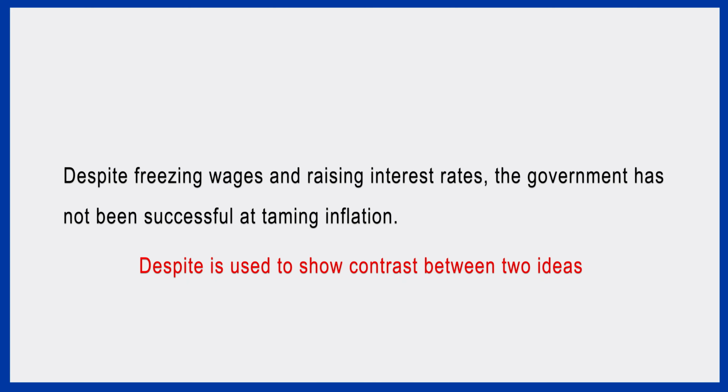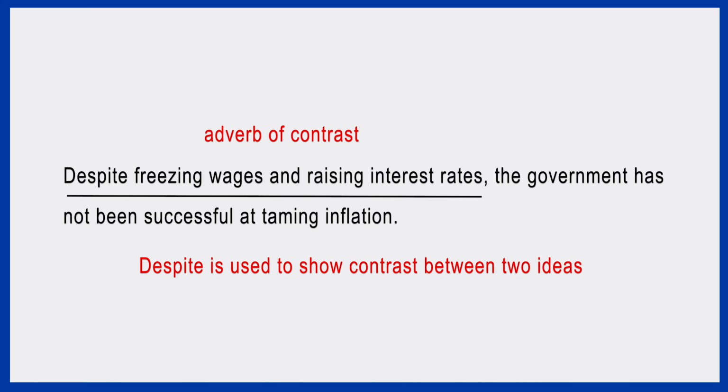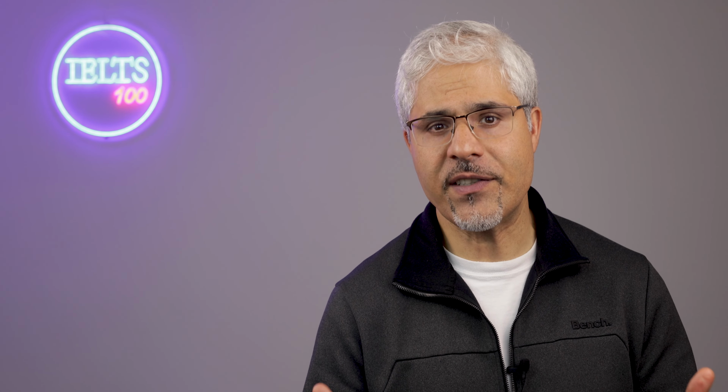Despite is used to show contrast between two ideas. Therefore, the phrase despite freezing wages and raising interest rates is an adverb of contrast and helps the writer contrast the idea of freezing wages and raising interest rates with the idea of not being successful at taming inflation.